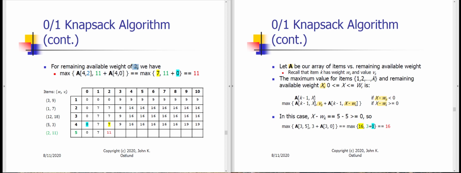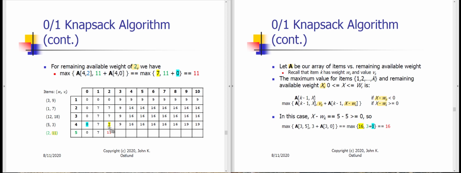For an available weight of 2, we can use item 5, whose weight is 2, and the value of item 5 is 11. Item 5 has a small weight of 2 and a relatively high value of 11.